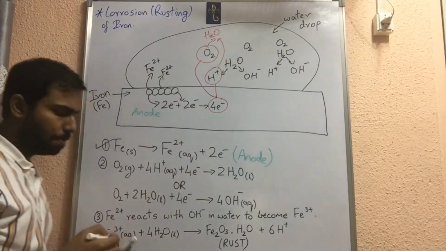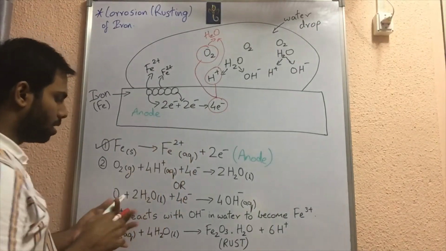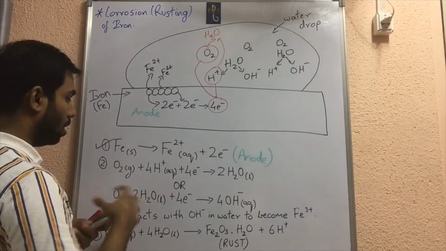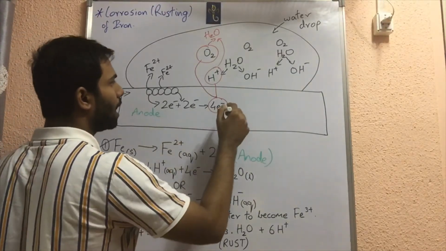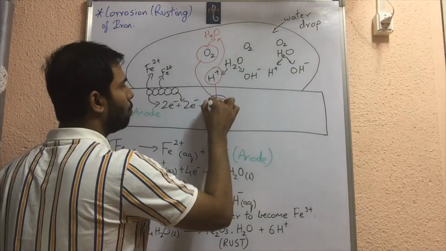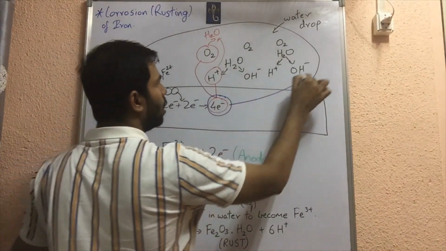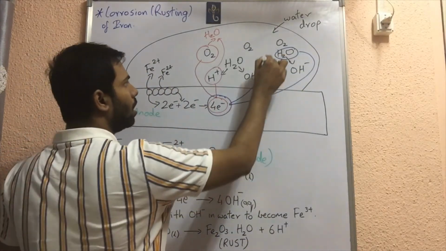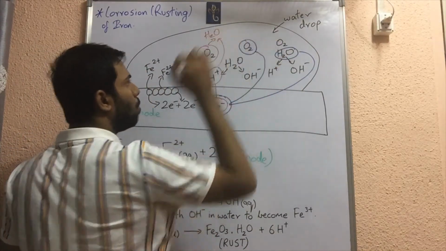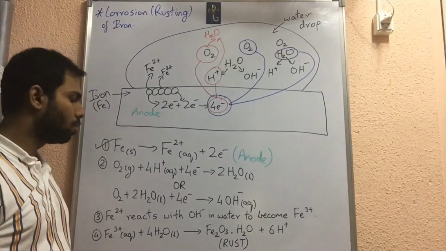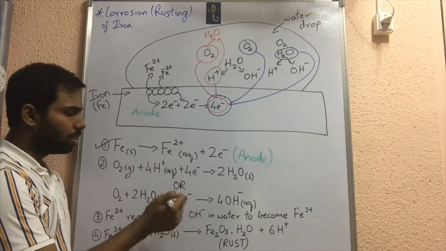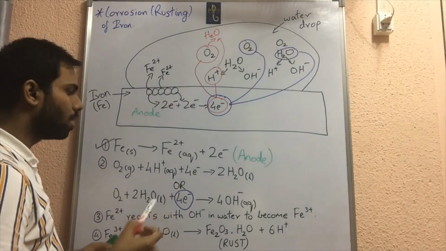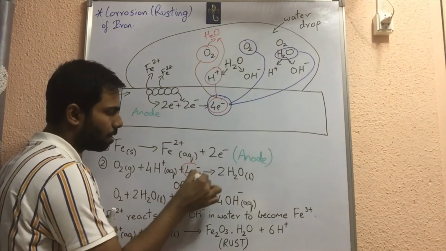Another reaction which can happen is these 4 electrons could also be attracted directly by a water molecule. Okay, so directly, these 4 electrons, understand, one water molecule attracted them, and at the same time one oxygen molecule also attracted them. Okay, so here are your 4 electrons, and the 4 electrons in the red part are here.